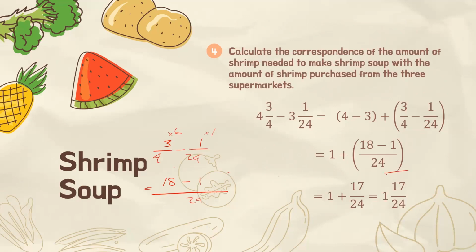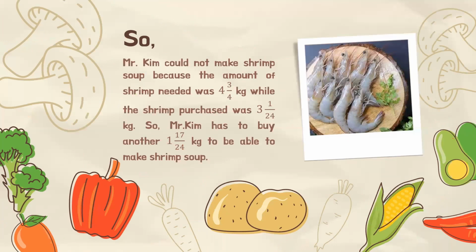We got this form. Then we got 1 plus 17/24 equals 1 and 17/24. So Mr. Kim could not make shrimp soup because the amount of shrimp needed was 4 and 3/4 kilograms, while the shrimp purchased was 3 and 1/24 kilograms. So, Mr. Kim has to buy another 1 and 17/24 kilograms to be able to make shrimp soup.